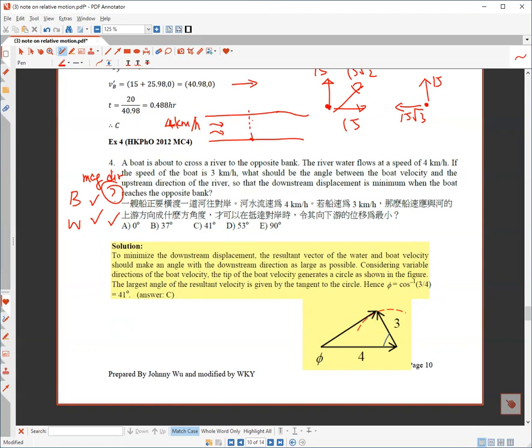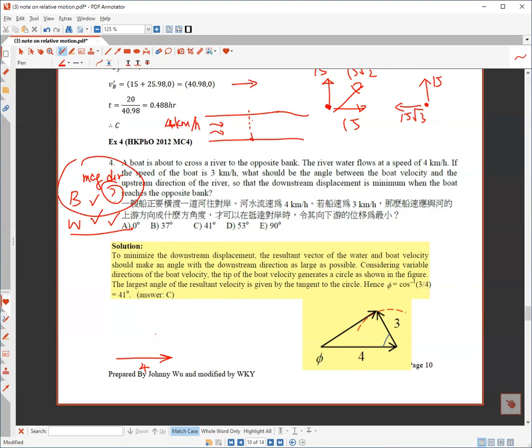You know the speed of the boat relative to the water and the speed of the water relative to the earth, so you just do the addition of these two vectors. Because this is a known vector, this is a known vector, we draw this one first, 4, okay? But this one, we don't know the direction, but we know the magnitude. So how can we do it?